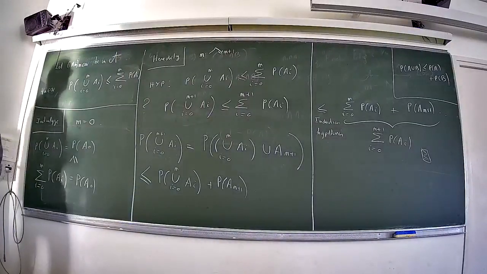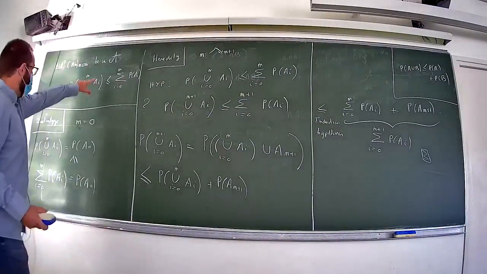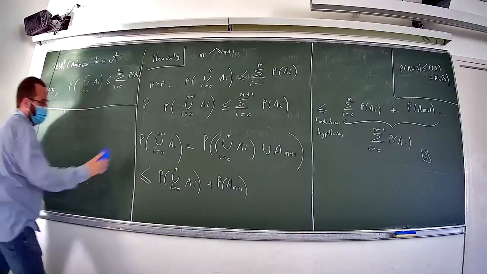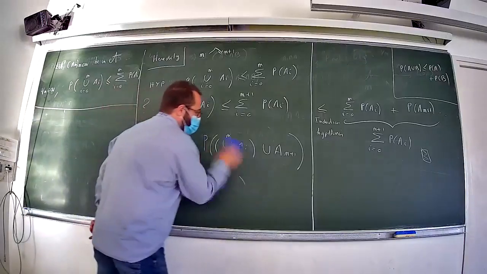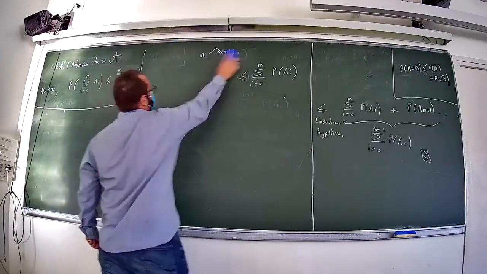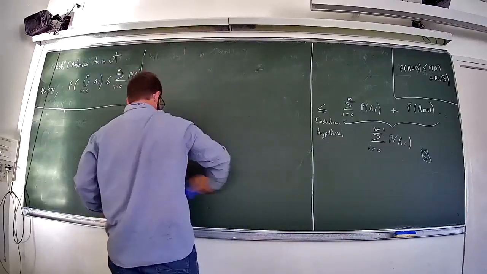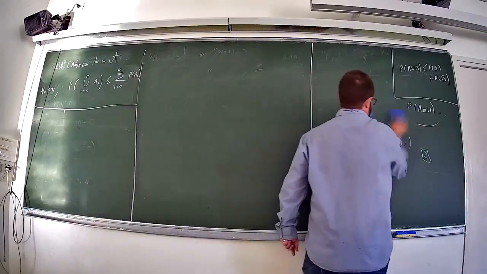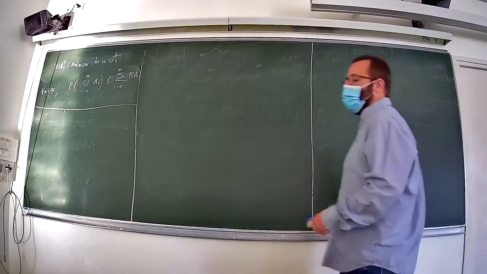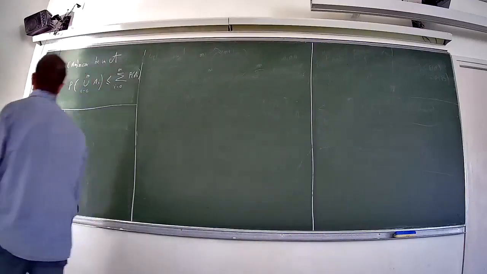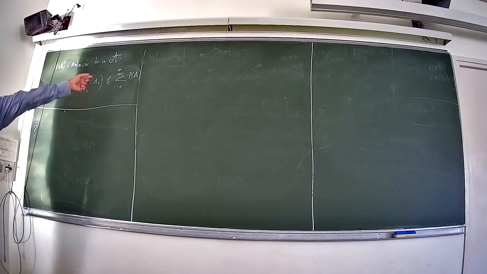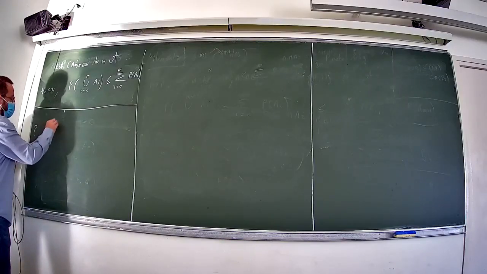I may erase. So it's what I have, and what I have proved. Now, in the second step, I want to prove that, in fact, I can pass to the limit in this.